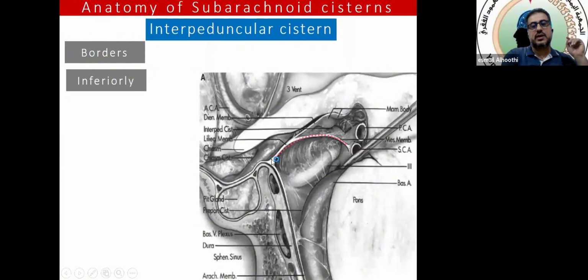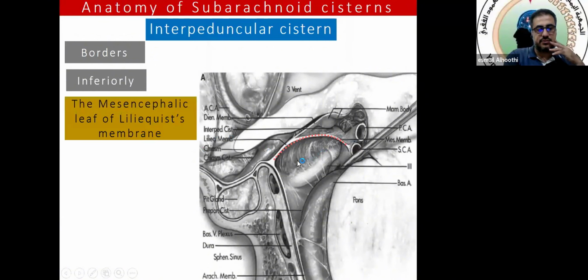The inferior border of the interpeduncular cistern is the mesencephalic membrane of the Liliequist membrane. So the inferior leaflet of the Liliequist membrane, or mesencephalic leaflet, separates the interpeduncular cistern from the prepontine cistern.